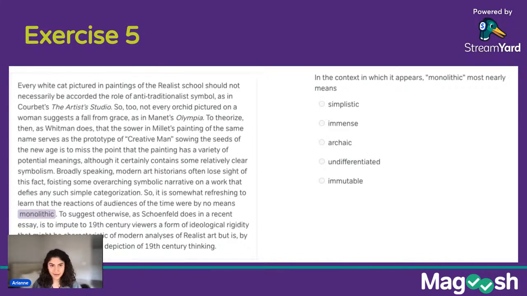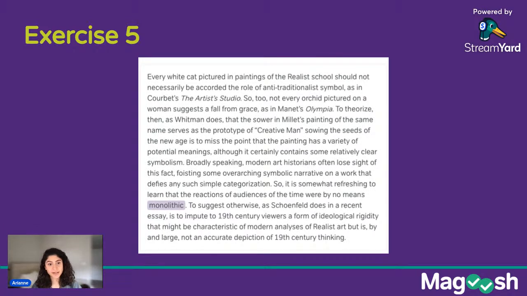Okay, exercise 5. In the context in which it appears, monolithic most nearly means, let's go back to our passage. Let's find monolithic. It's right there, almost at the bottom of the passage, and let's read it. Again, 1 minute to read, 1 minute to come up with our little prediction.